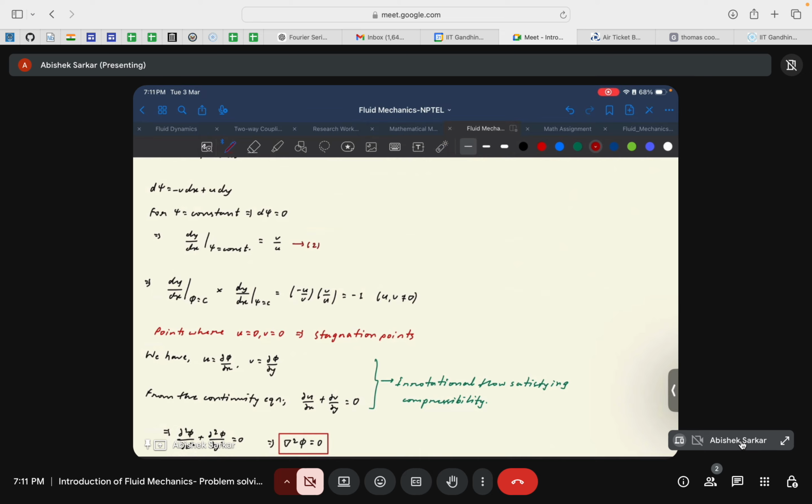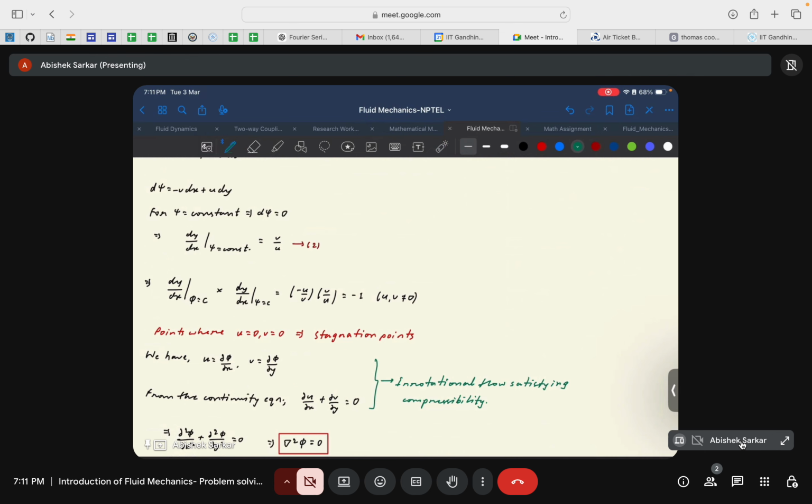Okay, so streamlines and lines of constant velocity potential are perpendicular to each other in the flow, except at the stagnation points.